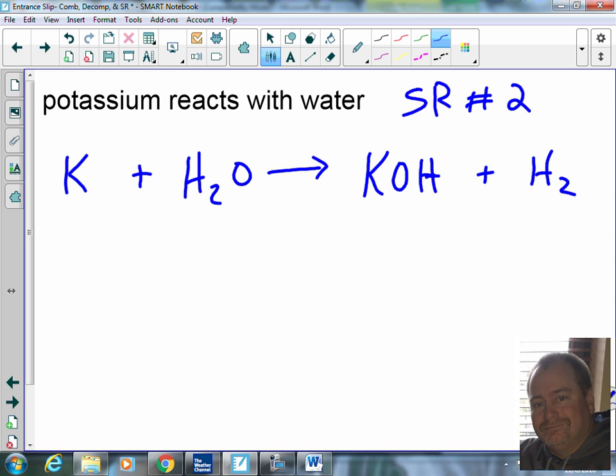So what I'm going to do is put a 2 here. So now I have 4 hydrogens, correct? On my product side, I'm going to have 4 hydrogens on my reactant side. I have 2 oxygens on my product side and 2 oxygens on my reactant side. I have 2 potassium on my product side, so if I put a 2 here, I have 2 potassium on my reactant side.